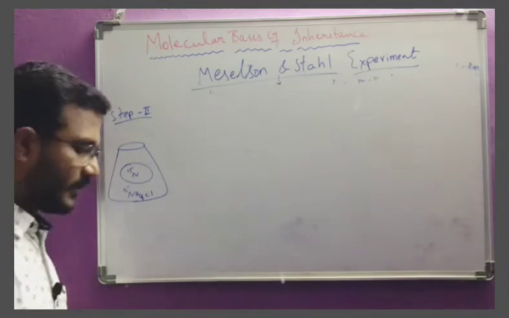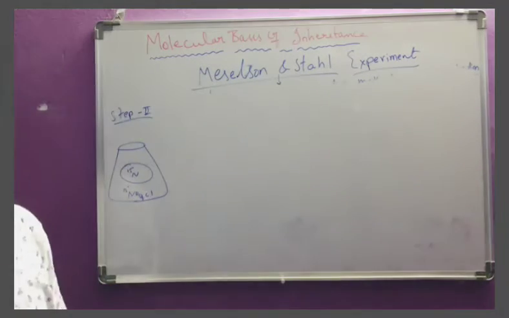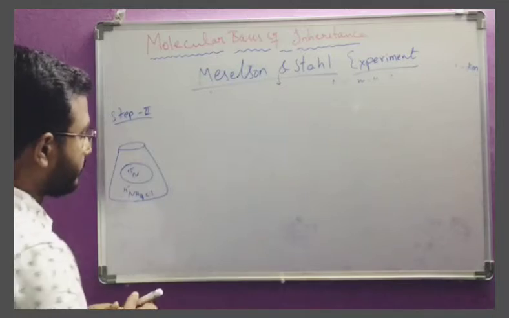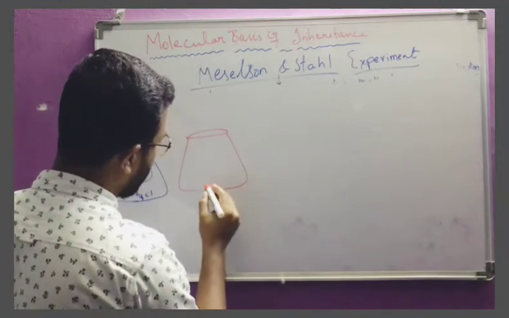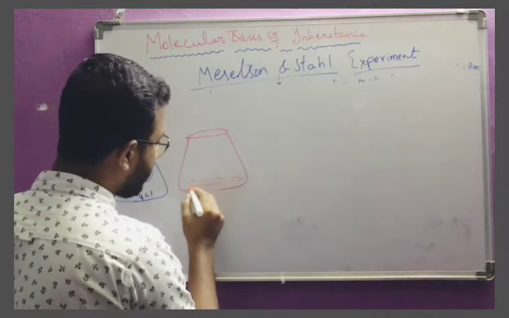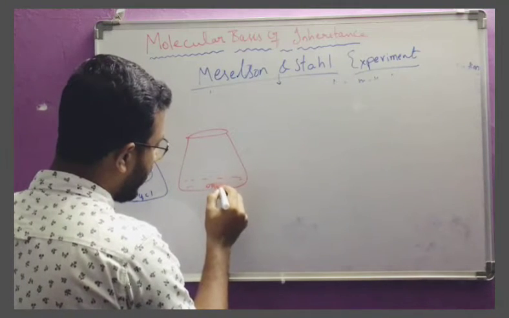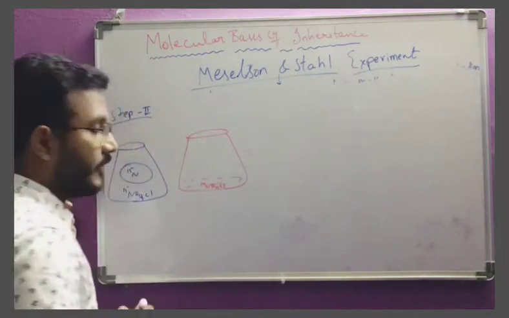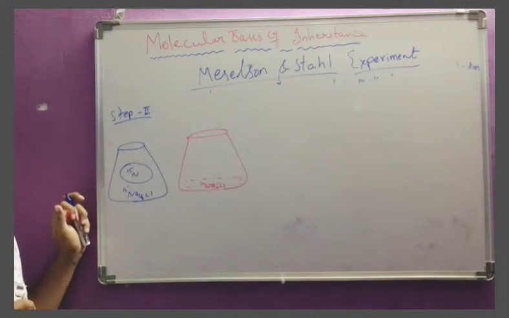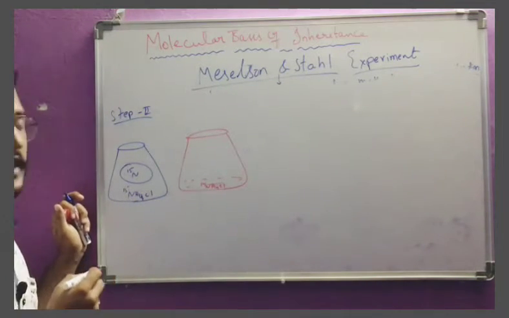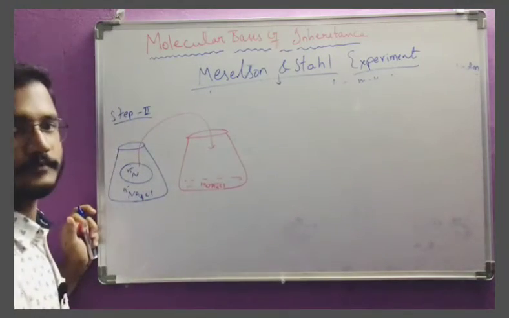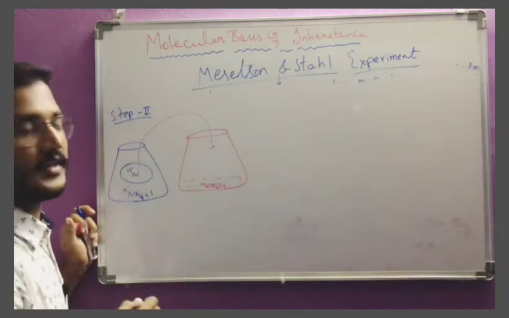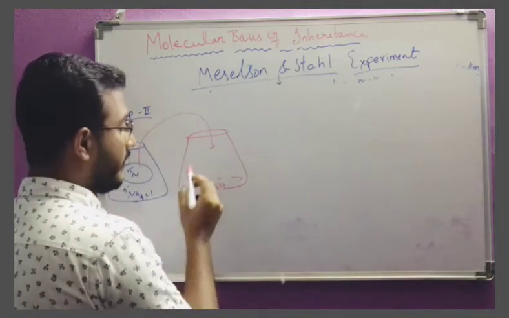Now, what had they taken? They had taken another medium and it contains now NH4Cl14. That is normal salt solution. Here heavy isotope. And they had taken some bacteria into this conical flask.